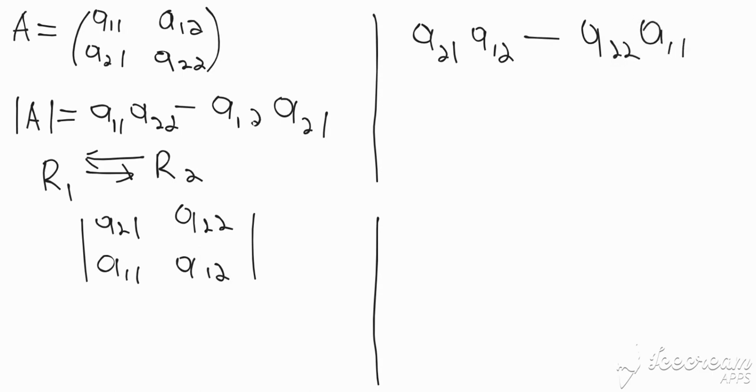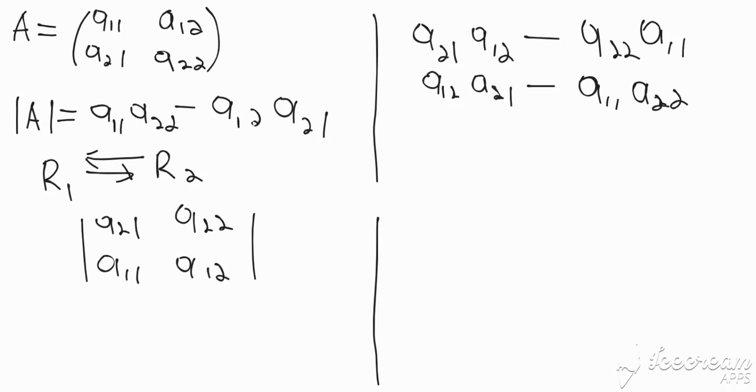Now, of course, when you multiply two constants, multiplication is commutative. So if I wanted, I could switch the A21 and the A12. So I could say A12, A21 minus A11, A22. Now, how do I compare this to the previous determinant?